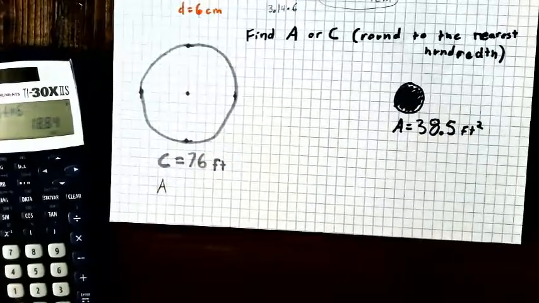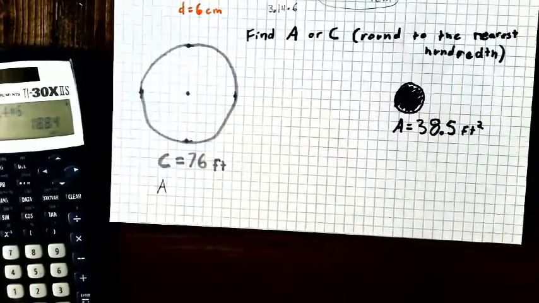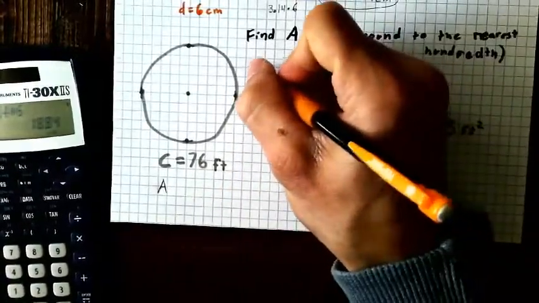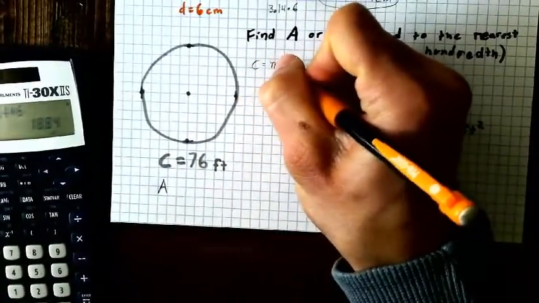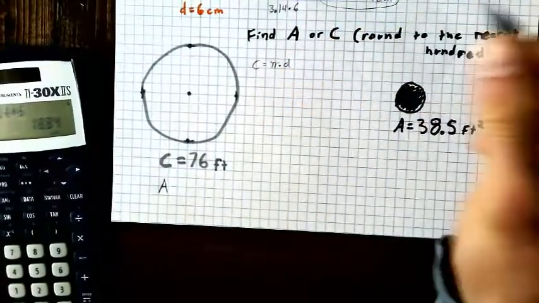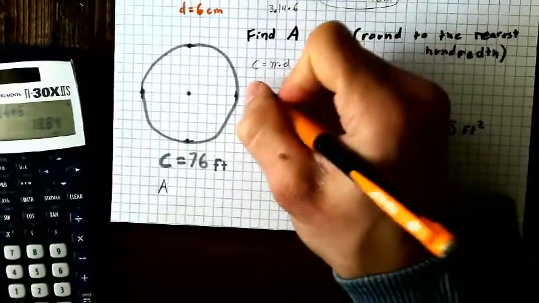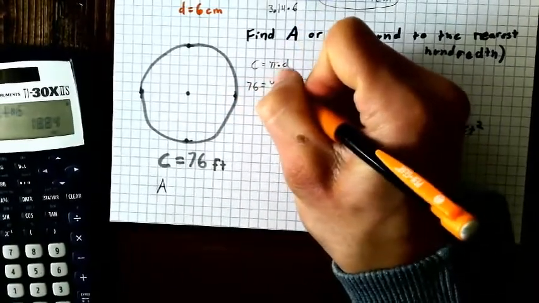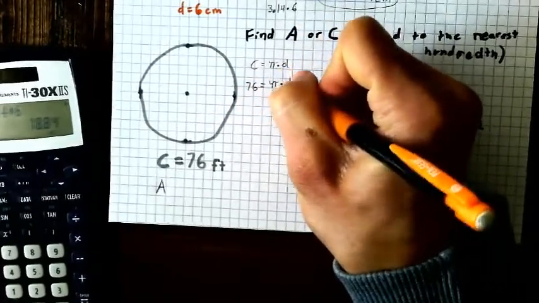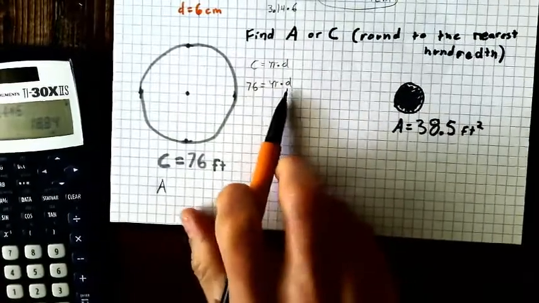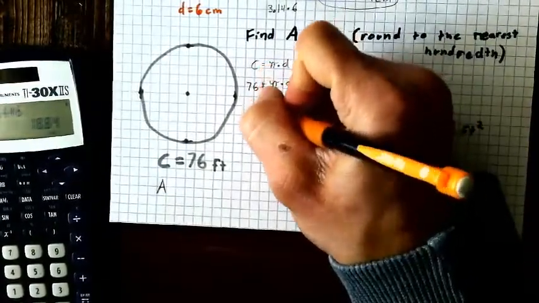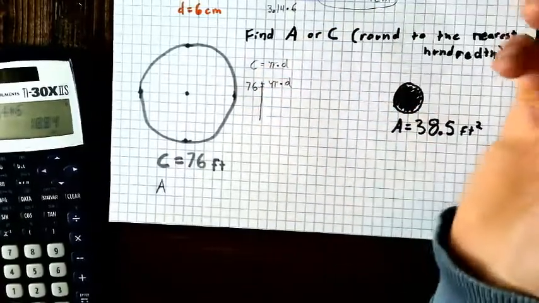So if my circumference is 76, I need to figure out what my area is. Okay? To do that, we need to just break down the problem. We know the formula for circumference is circumference equals pi times diameter. So we can type in 76 is equal to pi times diameter. Now I want to figure out what diameter is, so we're going to do our inverse operations, right?